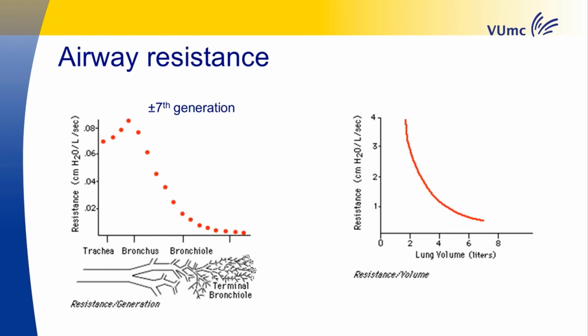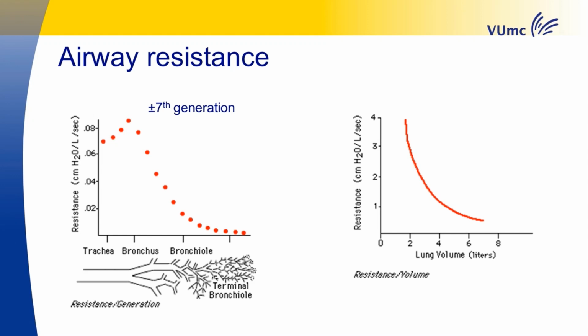Okay, is this enough about compliance? Let's move forward. I think we haven't really touched upon this too much, so this is a very interesting topic again. Airway resistance. I think Diederik already showed you that the resistance in the airway is the highest not in the bronchioli, but somewhere around the 4th, 5th, 7th generation.